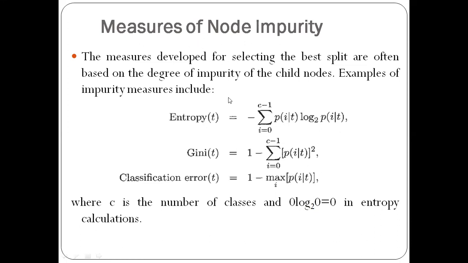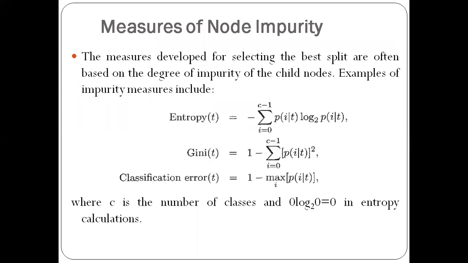So the impurity measures that we will be using in order to measure the goodness of the split are, one, entropy; second, Gini, also called the Gini index; and third, classification error. Now, we have divided the attributes and records here, so I need to check whether my division or distribution is correct or not.